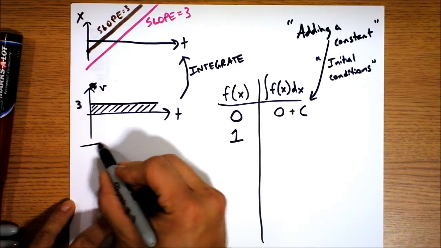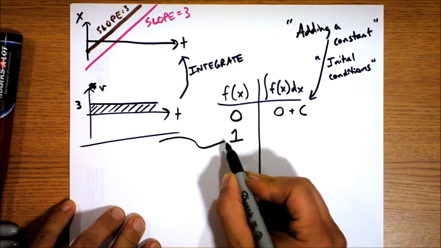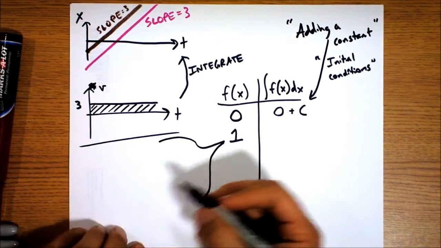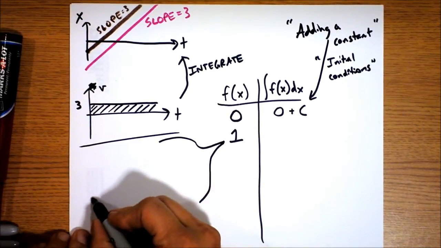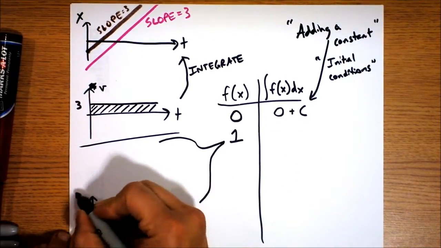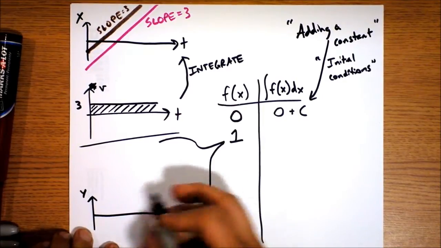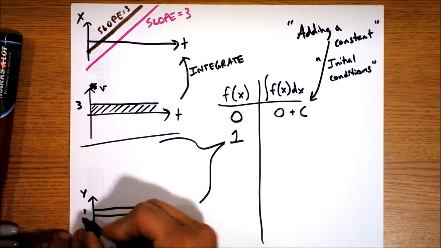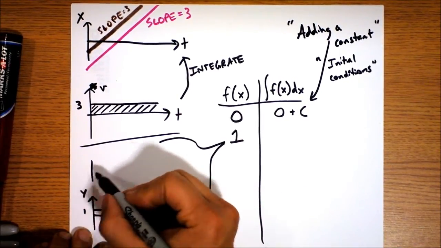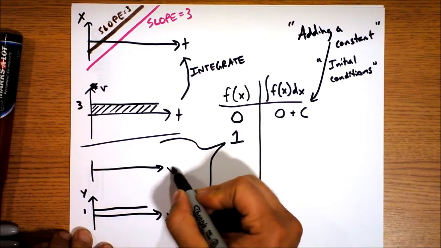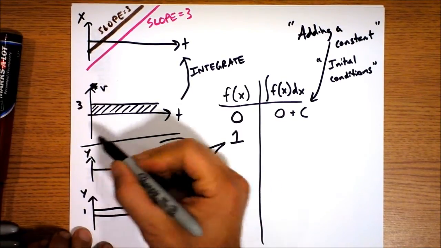Let's see, how am I going to do this? Make it clear what we're talking about. I want to take the function 1, where this is y as a function of x, and it's 1 the whole time, and I want you to find the integral of this function.